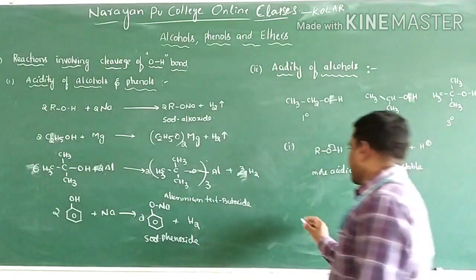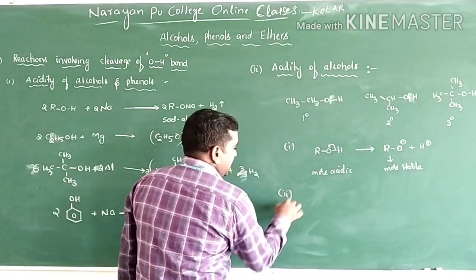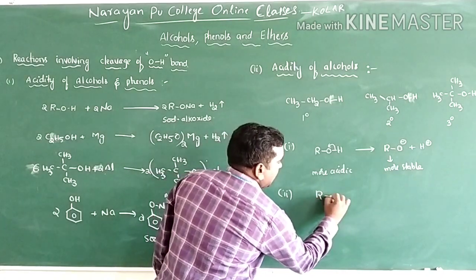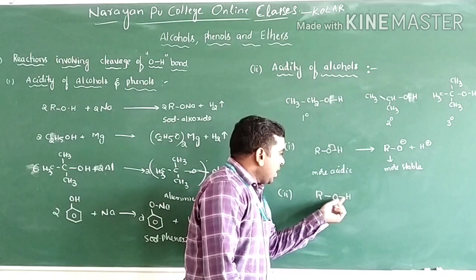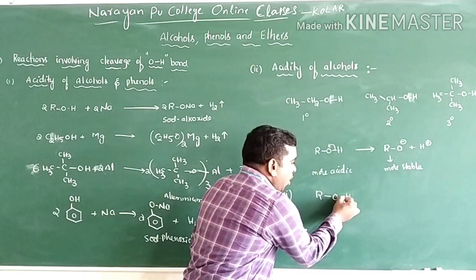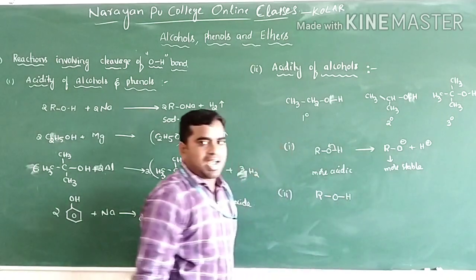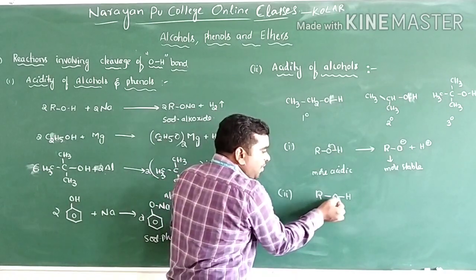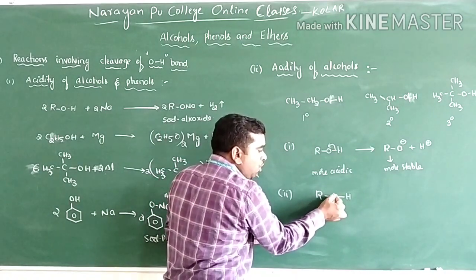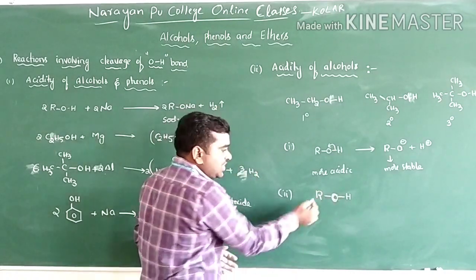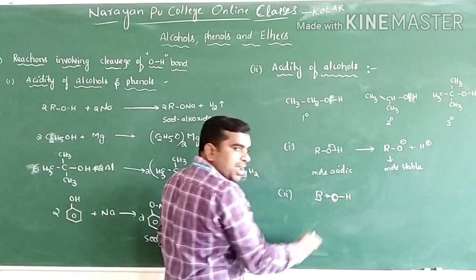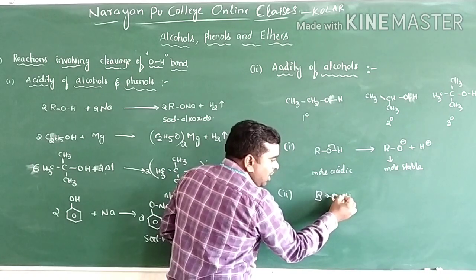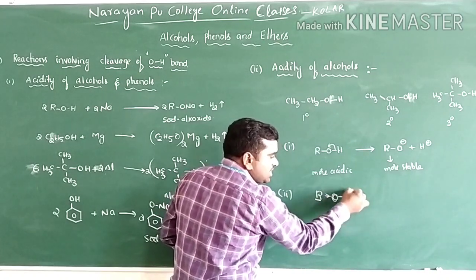Clear? And the second one is here, ROH. The bond breaks and it gives the H+ ion. Now, if electron density is more in this alcohol, suppose there is an electron donating group, it donates electrons to OH, and then the electron density on the OH will be high.